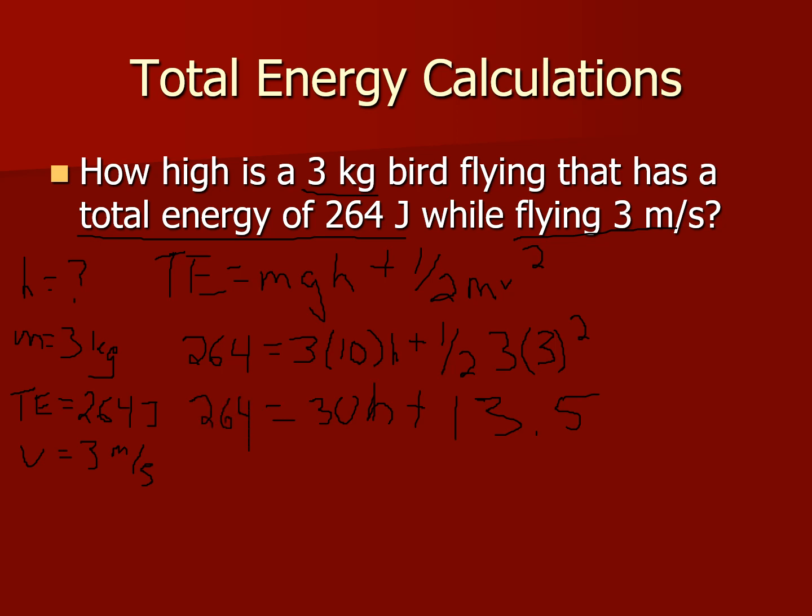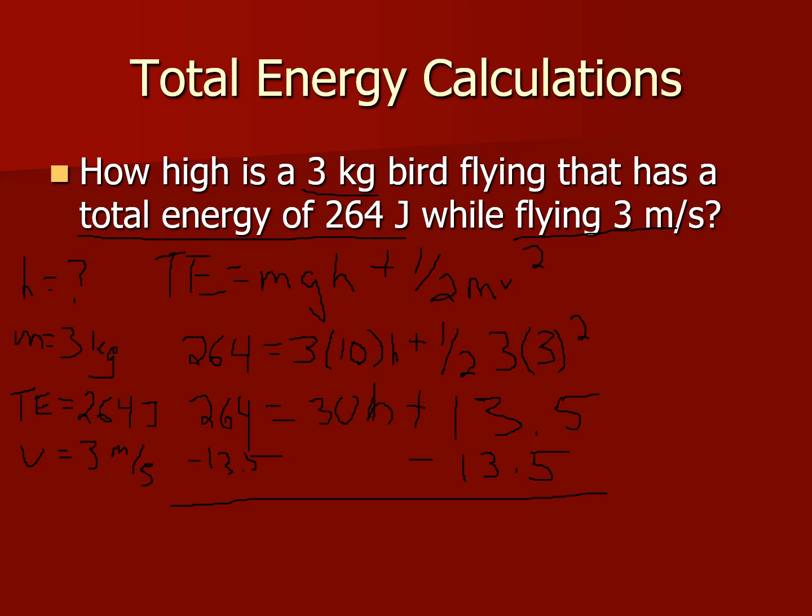Cool. So we just multiply the 3 by the 10, you have 30. So what I'm going to do is I'm going to minus 13.5 from both sides. So I have 264 minus 13.5.